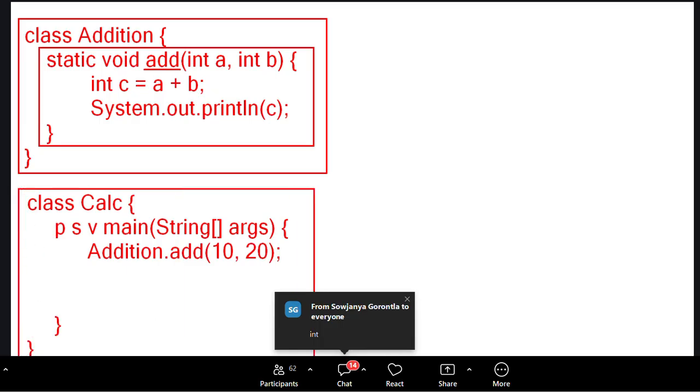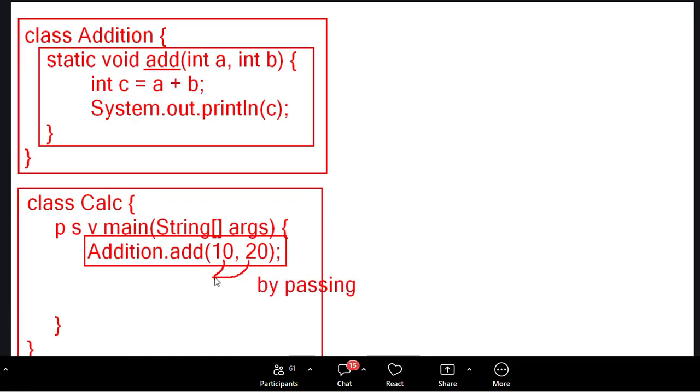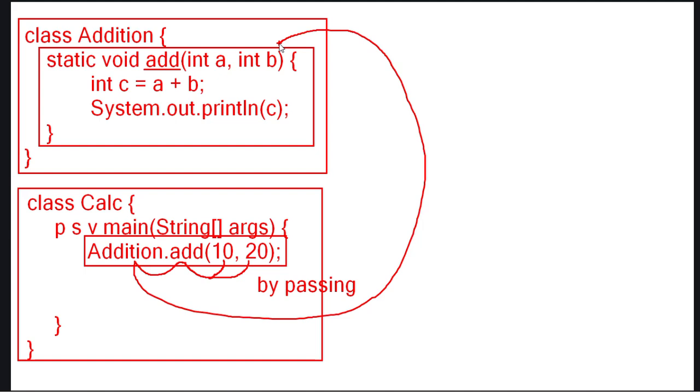And tell me, for this program, what is the flow of execution? You know already. Now, by giving these 2 values, what is the terminology we have to say? By passing these 2 values, the add method of which class? Addition class is executed.